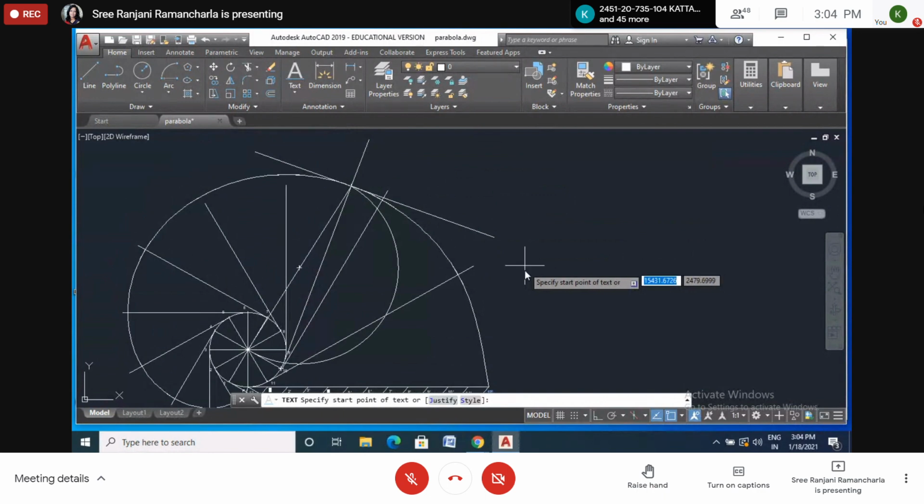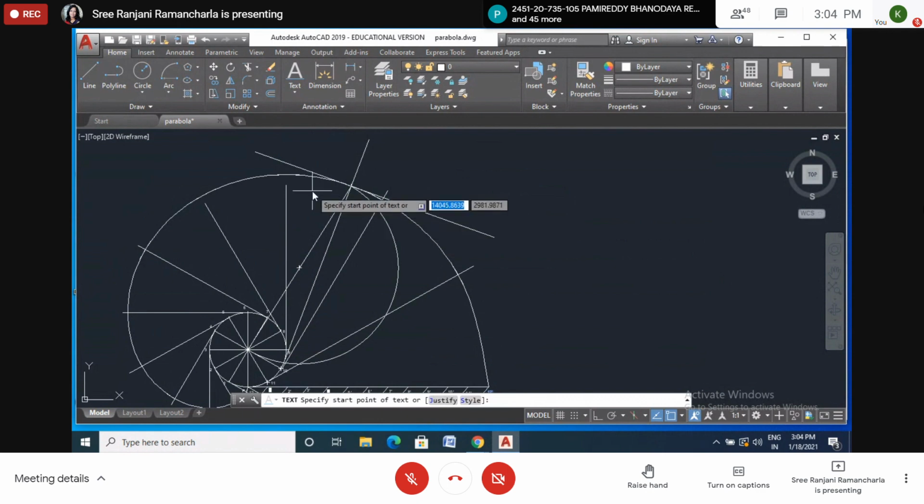Now please concentrate. After drawing the involute of a circle, you take a point anywhere.